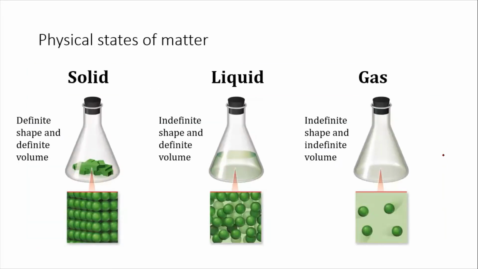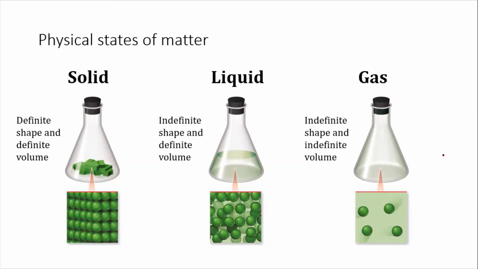So we can define matter by its physical state, also called its phase. So there's 3 physical states of matter: solid, liquid, and gas. In a solid, the matter has a definite shape and a definite volume. So if you think of something like a penny is solid. It keeps its shape and it keeps its same volume, no matter what container you put it in.